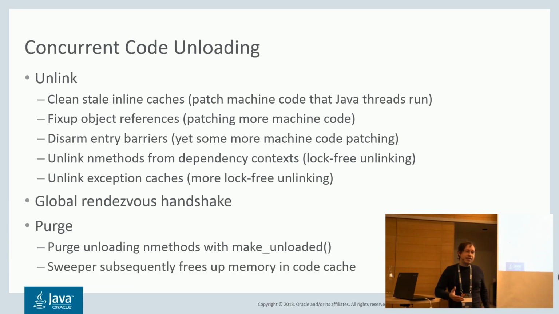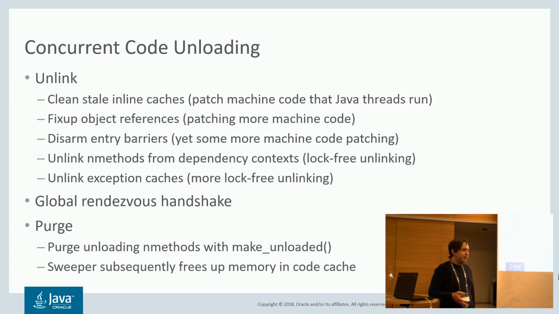So from the GC perspective, we had these distinct phases that we talked about: unlink, handshake, purge. During the unlinking, the concurrently running garbage collector thread will clean all the stale inline caches by patching the machine code. It has a resolve handler that it patches into the machine code so that it will resolve the call instead of calling this really bad code.